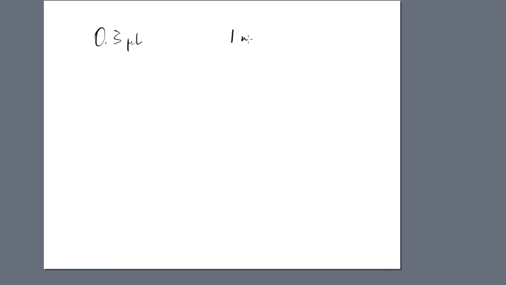So 1 milliliter, which is about 20 drops, 20 drops of solution typically is about 1 milliliter, and 1 milliliter can be broken down into 1,000 parts. And if I take a milliliter and take 1 part of that 1,000 parts, that is 1 microliter.